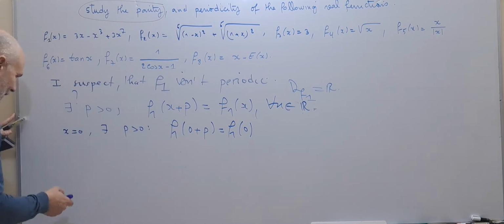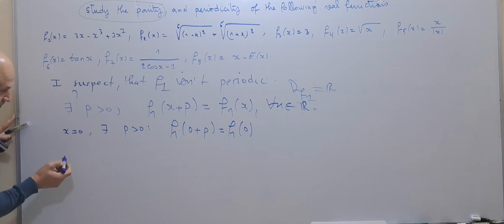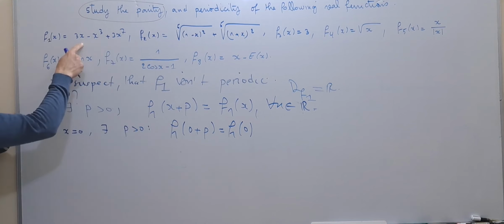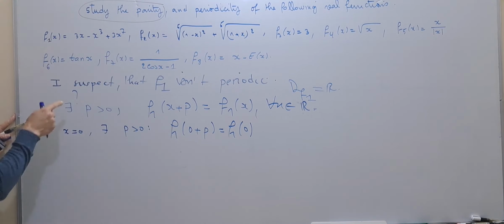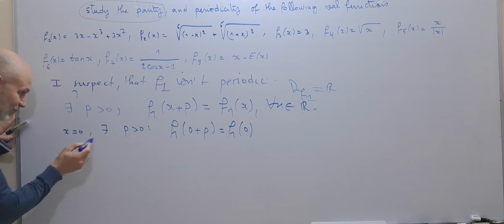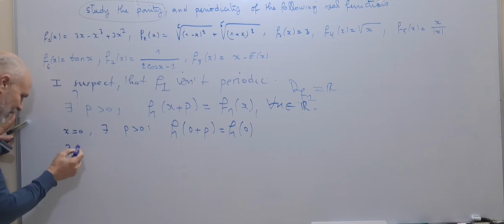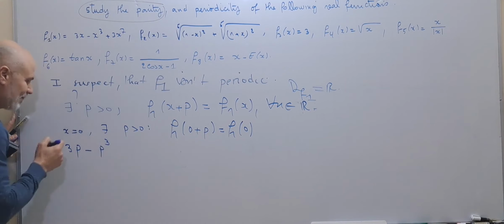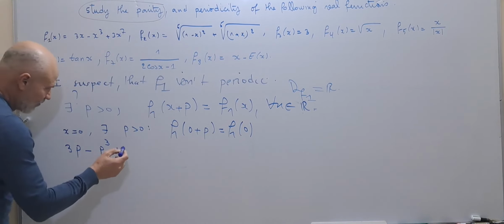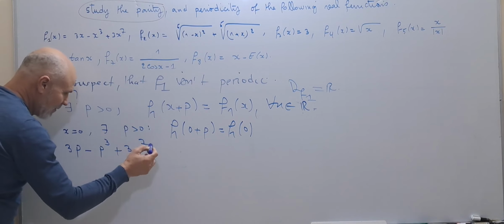This means that f1 of 0 is equal to 0, and f1 of 0 plus P is just 3P minus P power 3 plus 3P power 7.